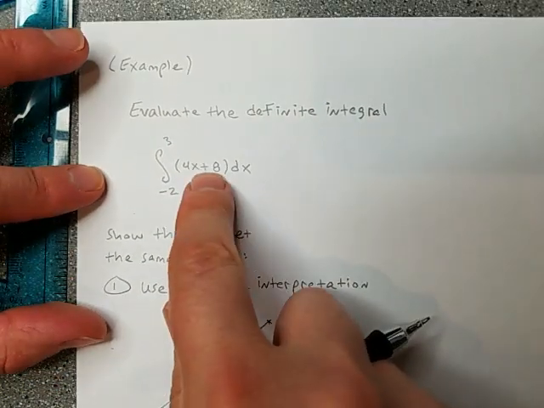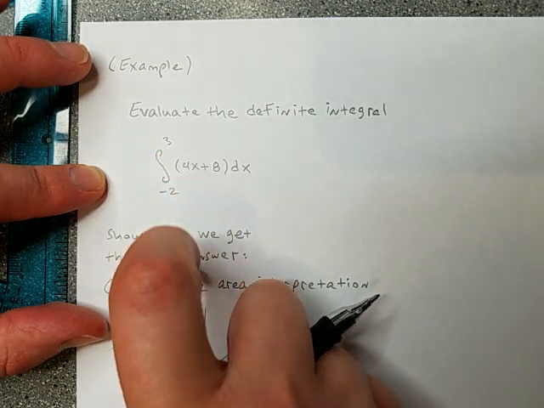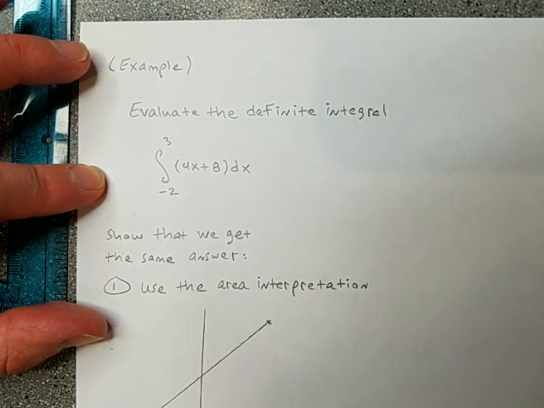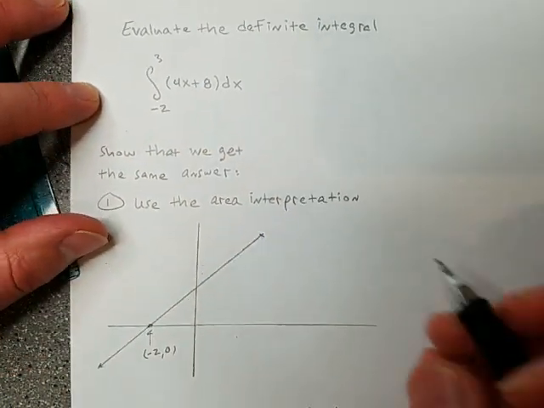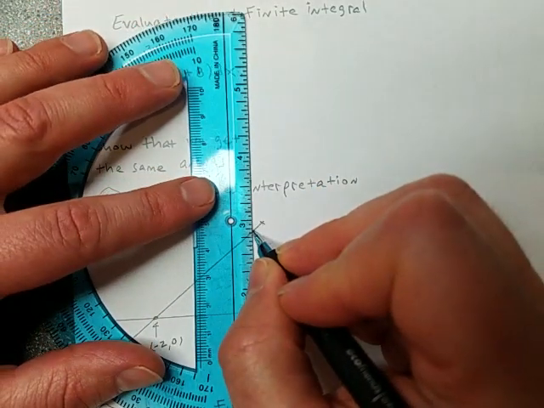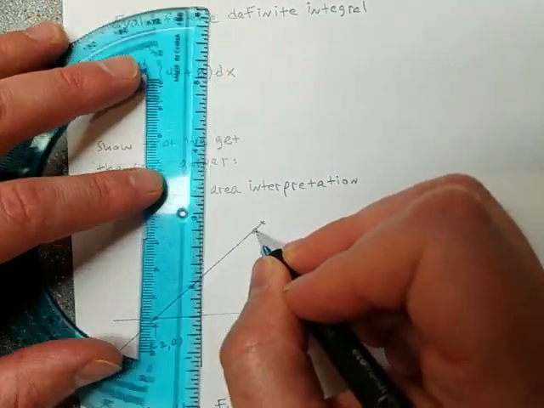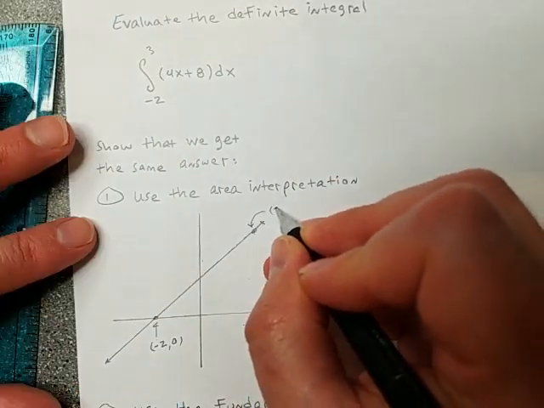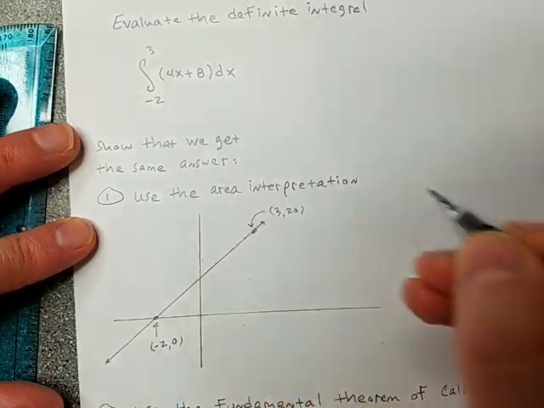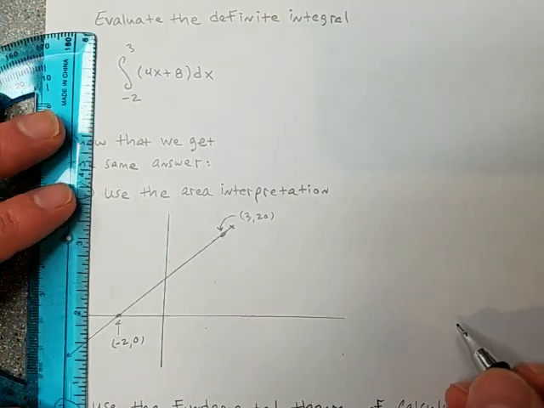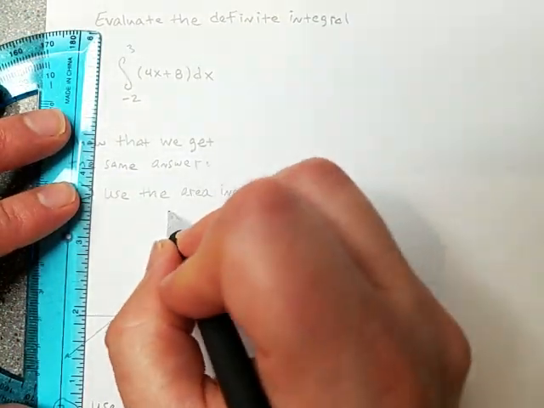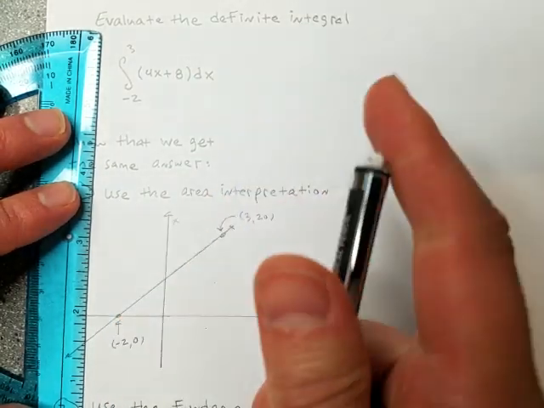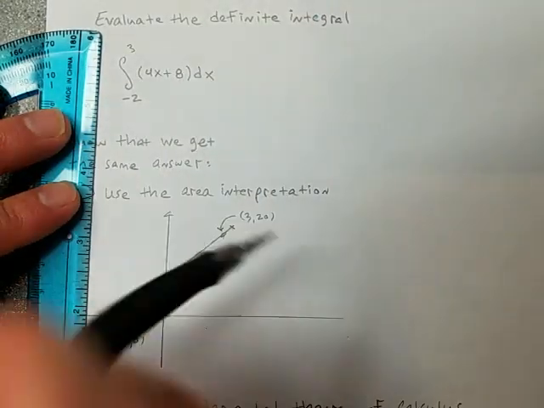It hits the y-axis at 8, and if you go over as far as 3, you'll get 20. 4 times 3 is 12 plus 8, that's 20. Not to scale. So at that point, 3 for x, 20 for y. There's my function, and that's what it looks like with the bounds of integration.